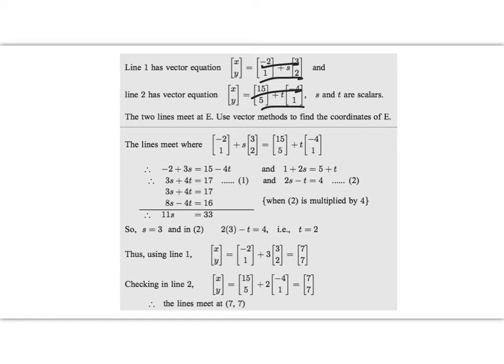And you get s equals 3 and t equals 2, and then to check it you plug it into each equation and you should get the same point for each equation. If you do, then you've got the right answer, and it comes out that these meet at 7, 7.